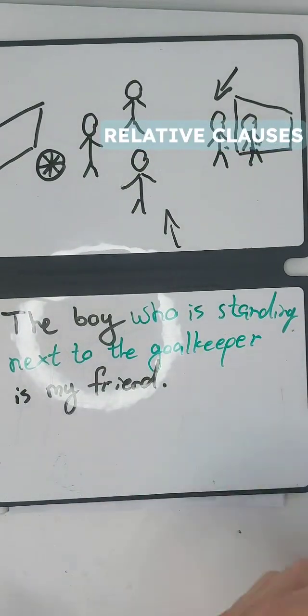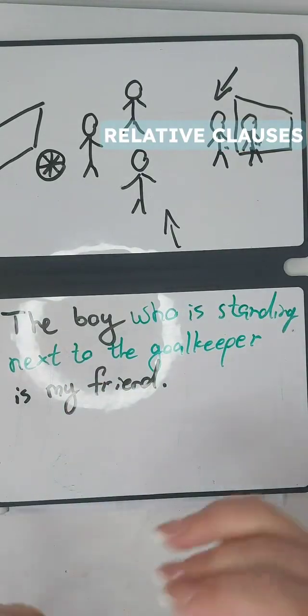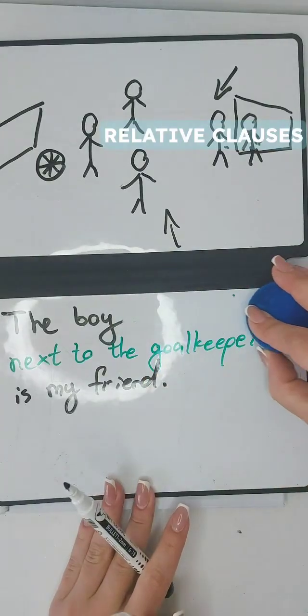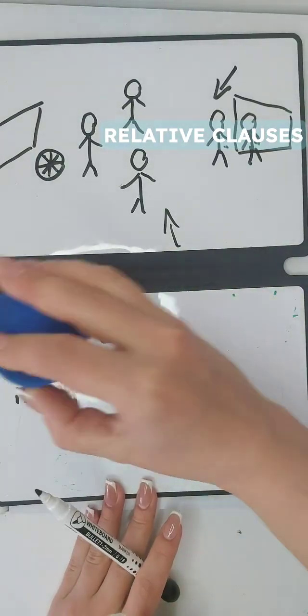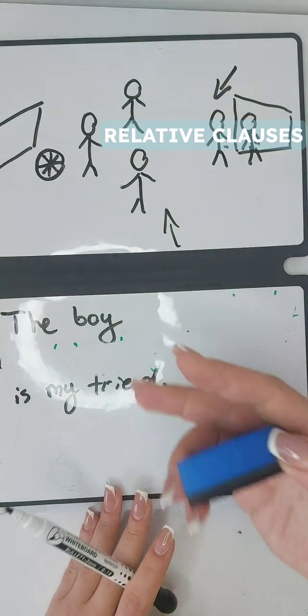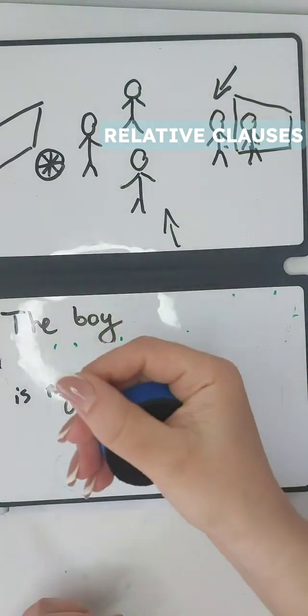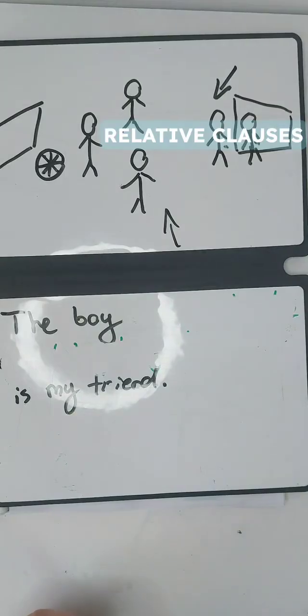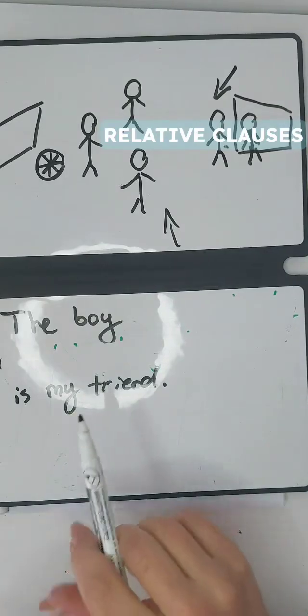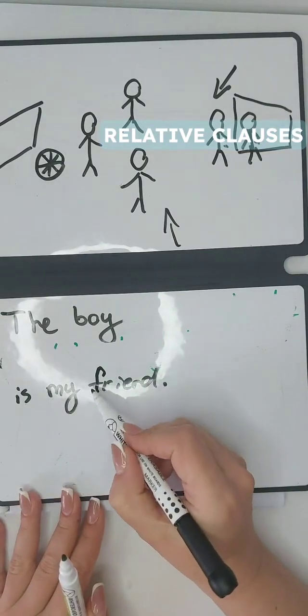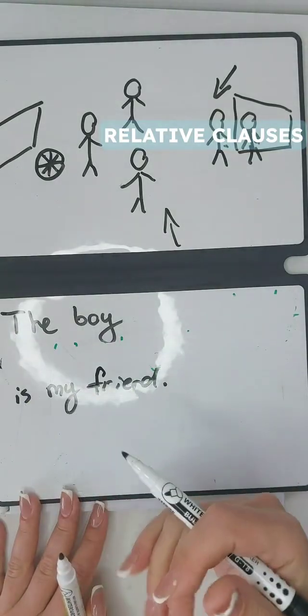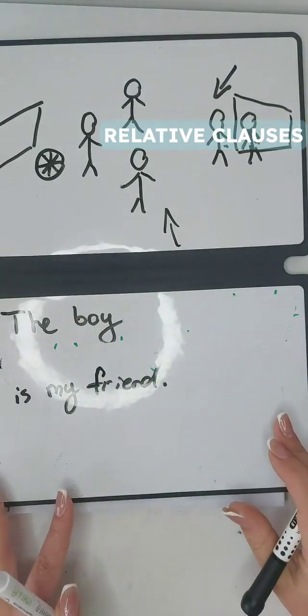So every time you are not sure whether to use a relative clause or not, ask yourself, if I remove this information, can the listener understand which person or thing I am talking about? The boy is my friend, especially if you are watching from outside, right?